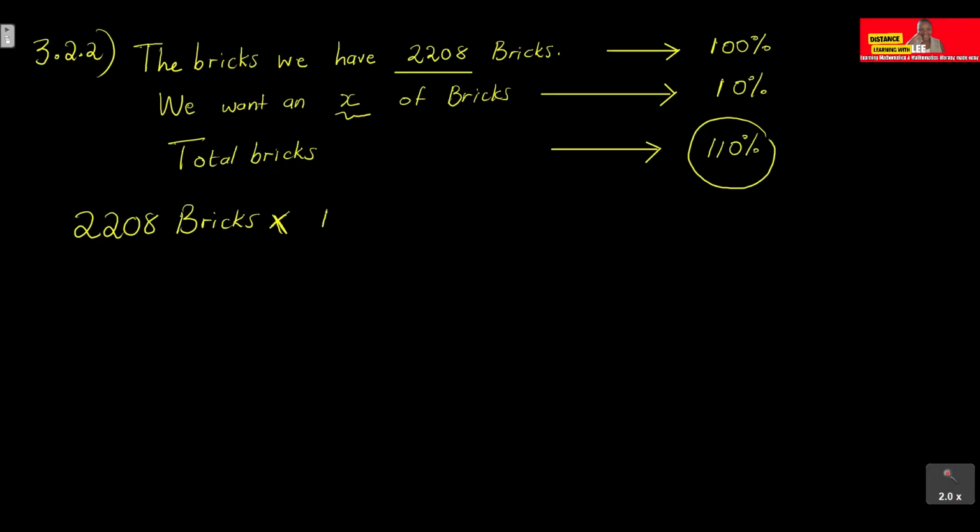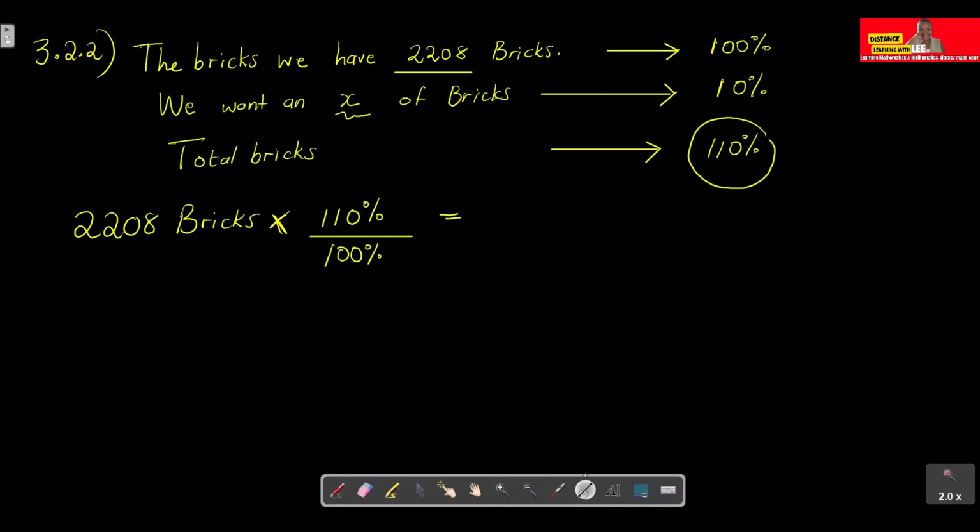So you multiply by 110%, and then divide by what you have. You currently have 2,208 bricks, which is represented by 100%. If you punch this into your calculator, you will get the total number of bricks you would now have to buy to cover for your wastage.